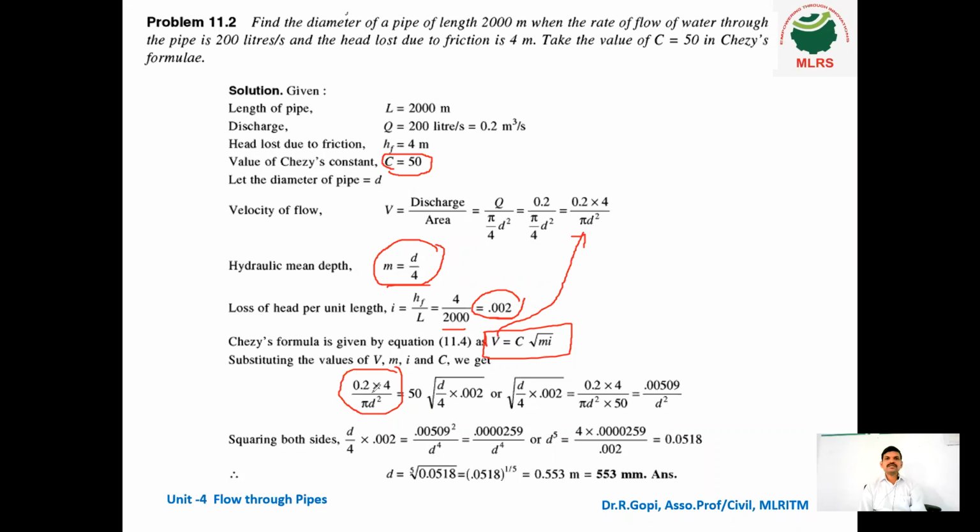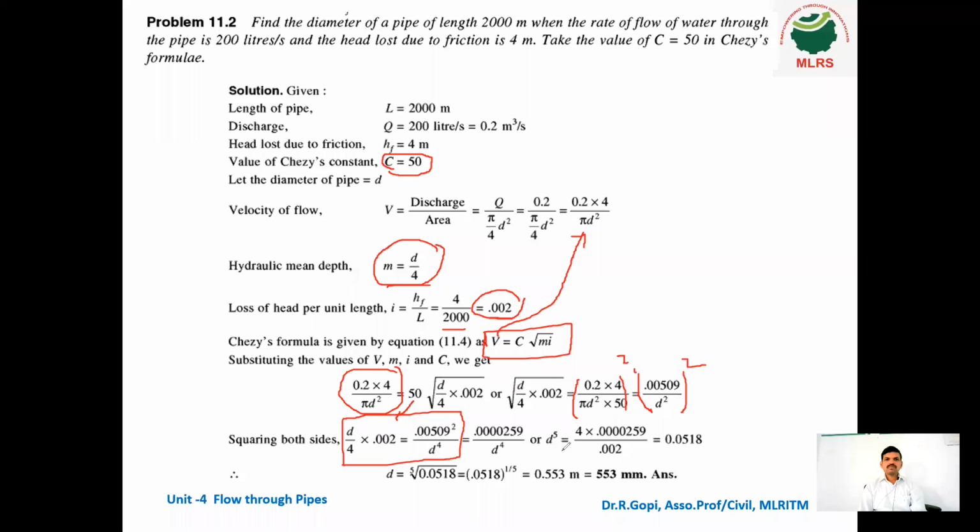Now simplify this equation. This 50 goes to that side, so 5D square into 50. Now squaring both sides, finally we got this value.